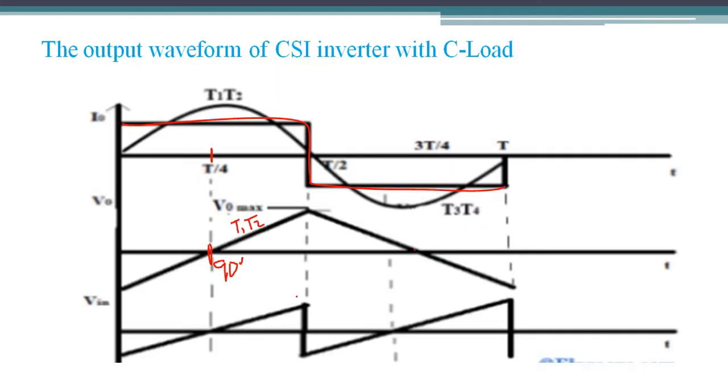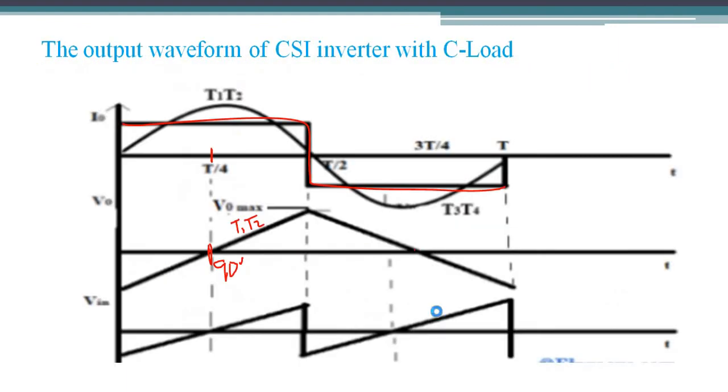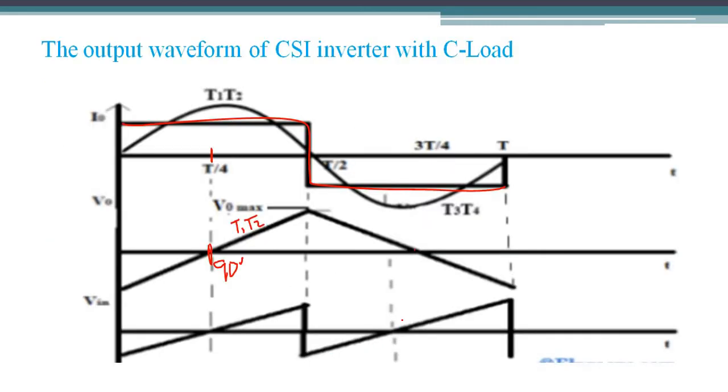So Vin is equal to V0, whatever the voltage V0 is will appear at Vin. And for T by 2 to T, again apply the KVL, you will get Vin is equal to minus V0.